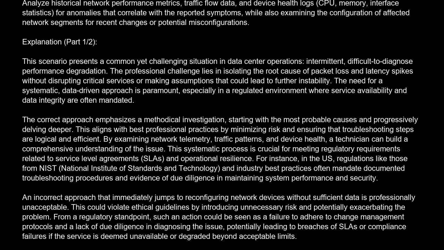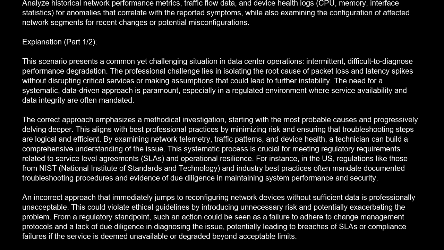This could violate ethical guidelines by introducing unnecessary risk and potentially exacerbating the problem. From a regulatory standpoint, such an action could be seen as a failure to adhere to change management protocols and a lack of due diligence in diagnosing the issue, potentially leading to breaches of SLAs or compliance failures if the service is deemed unavailable or degraded beyond acceptable limits.